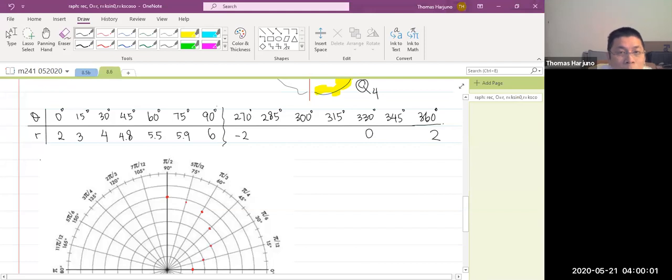Okay, and we know that will be symmetric with respect to the y-axis. So I will just copy paste the one I have on the right-hand side to the left: 5.9, 5.5, 4.8, 4, 3, 2. So the graph on the top part will be approximately like this.